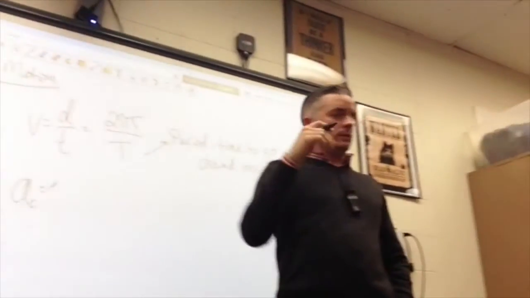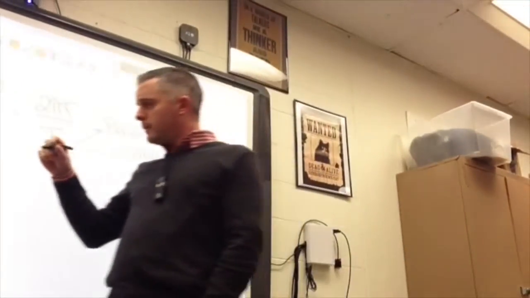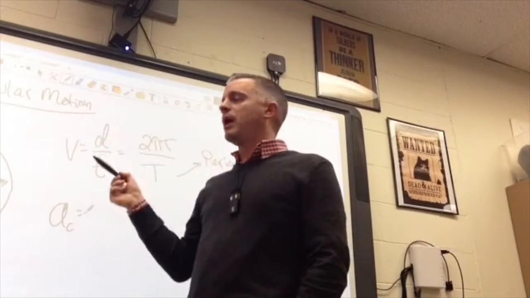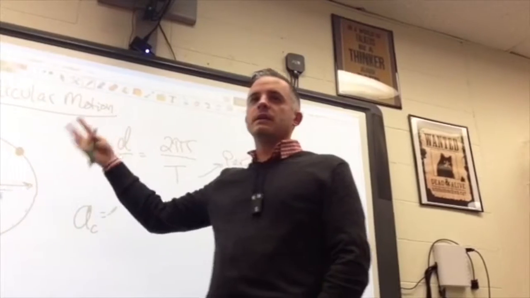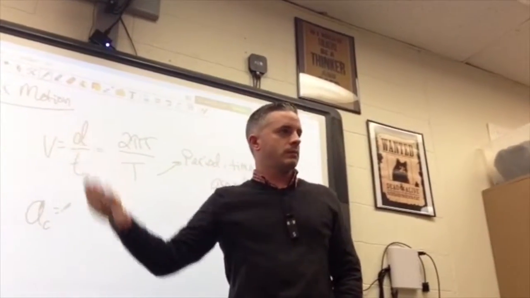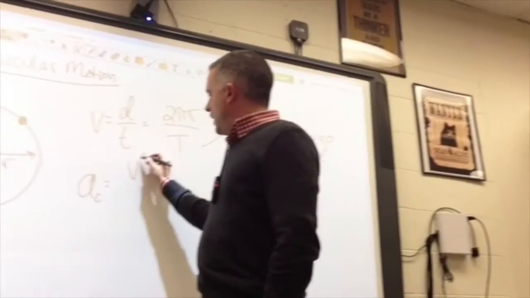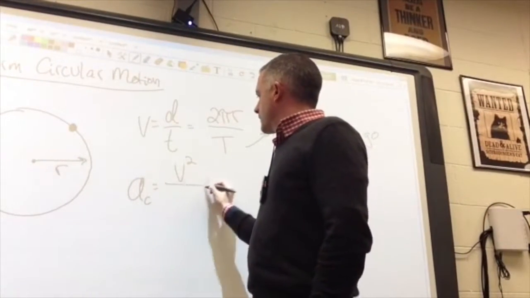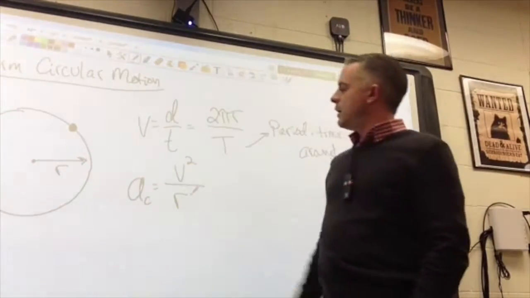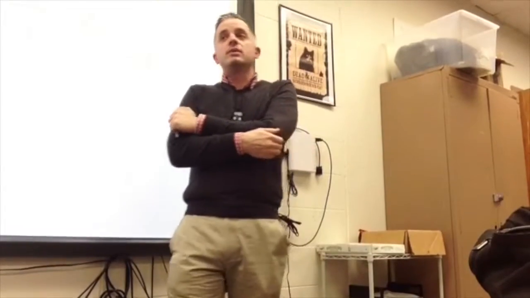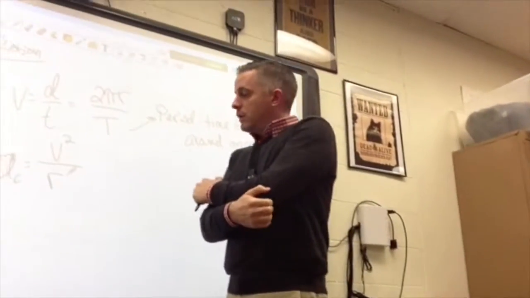But essentially it comes down to similar triangles where you compare the velocity vectors and the distance in the radius there. So you can put it together like that. But we found in the lab that we just did that the acceleration is equal to v squared over r, right?